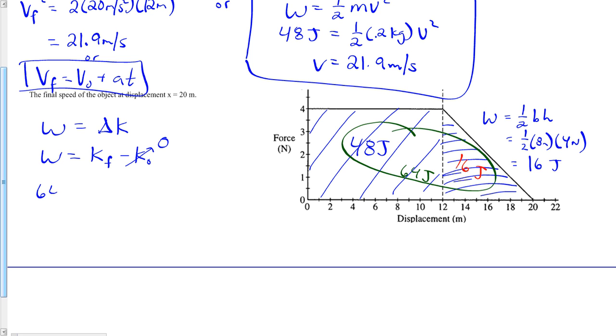So the work, 64 joules, equals 1/2 times the mass times the final velocity of the object squared. Solve for that. It's 25.3 meters per second. Any other ways? Yes? Velocity final squared equals the 21.9 squared.